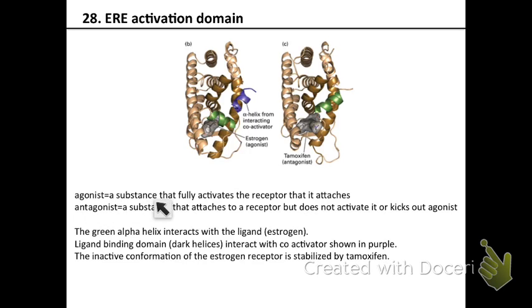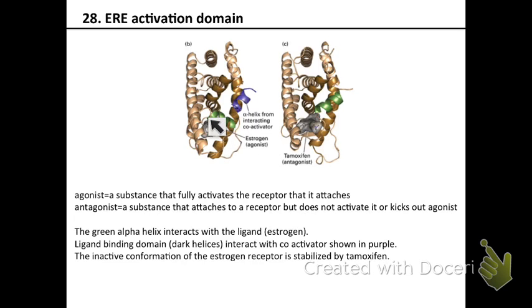An agonist is a substance that fully activates the receptor that it attaches to. An antagonist is a substance that attaches to the receptor but does not activate it, or kicks out the agonist. When tamoxifen is bound, this estrogen receptor cannot activate transcription. When estrogen is bound, it's able to activate transcription.